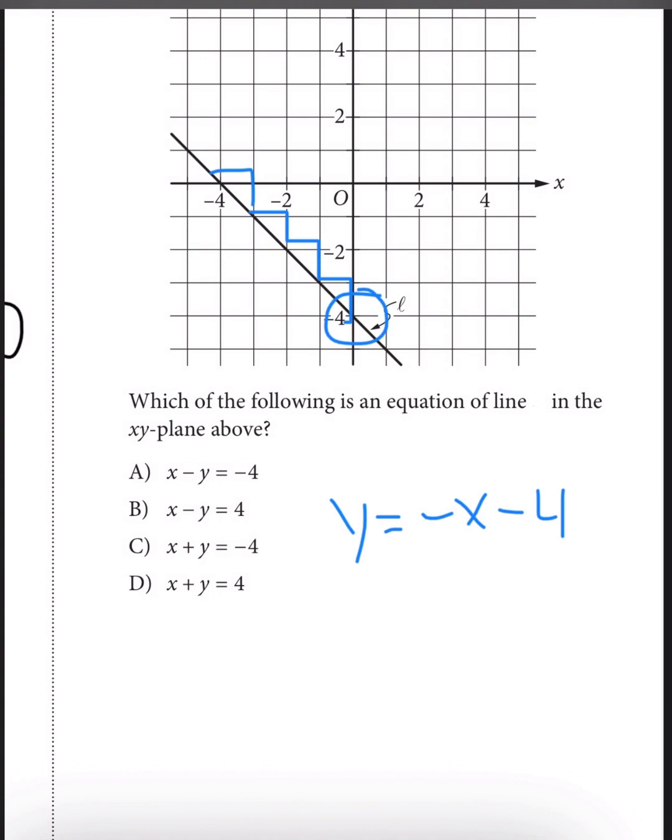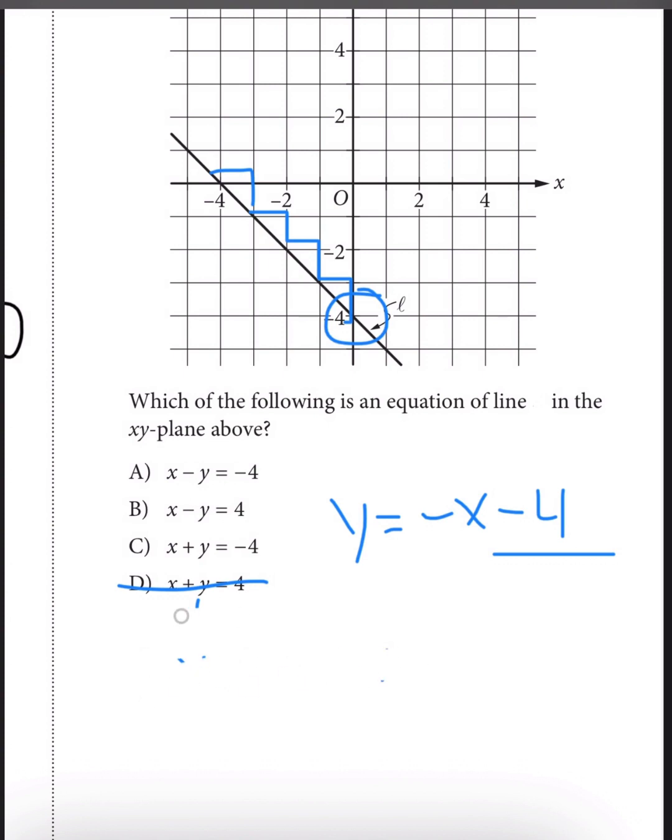So we have to make sure our answers have that in it. Off the bat, I can see the answer is definitely not D, because when we solve for y, we get y equals negative x plus 4. That's wrong because our y-intercept has to be negative 4. So it's not that answer.